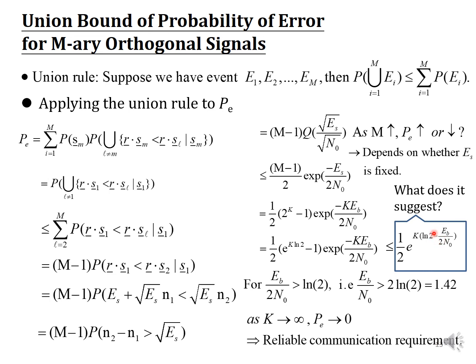If this error upper bound is greater than 1, that means the error probability could be very high, so we have no control of the error probability if this SNR is smaller than 2 ln2. However, if the SNR is greater than 2 ln2, then we can control the error probability to be as small as possible. Okay, so this is very important.